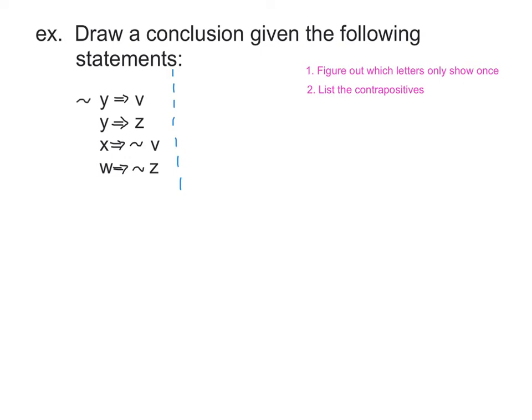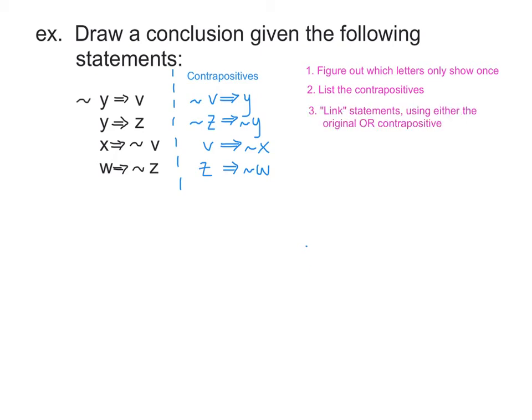Now, you may want to pause the video here for a second and see if you can come up with the contrapositives before I do. Okay, time to check your statements. See if your contrapositives match mine. Did you flip them and negate them? If yours don't match mine, take a second and fix them.